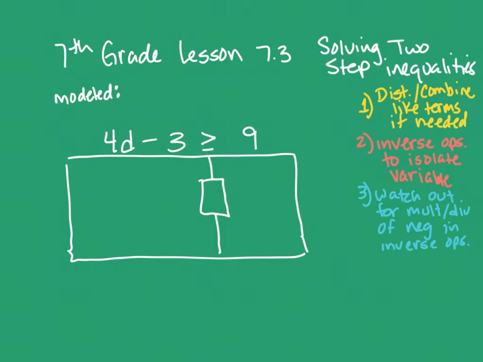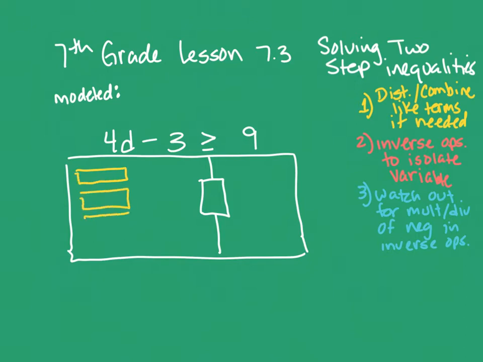All right, in the first part of this, they say model. Model 4D minus 3 is greater than or equal to 9. Well, remember, I'm going to use the colors. The positive and negatives. Positives are yellow. Negatives are red. Variables are the bars, long bars. I'm going to do them this way, the way they did them in your book, so it's the same.